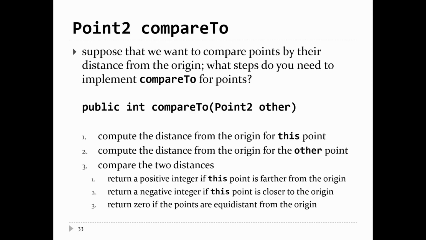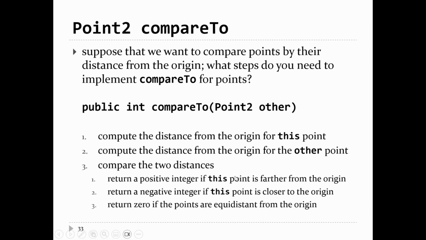All right, so I would like to compare points by their distance to the origin. Inside my Point2 class, I'm going to add a public int compareTo method that takes in a Point2 object as its argument. So how do I implement compareTo? Well, I want to compute the distance from the origin for this point, compute the distance from the origin for the other point, and then compare the two distances.